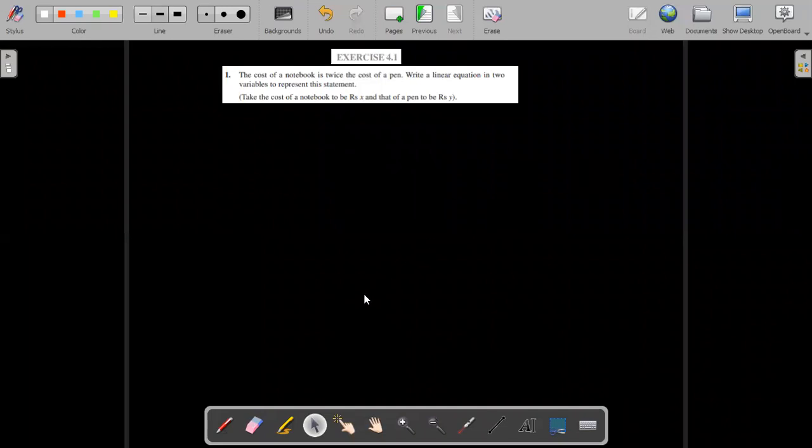Actually, this we have already done in the previous class, but that was one variable. Now we have two variables. So the question is, the cost of a notebook is twice the cost of a pen. Write a linear equation.